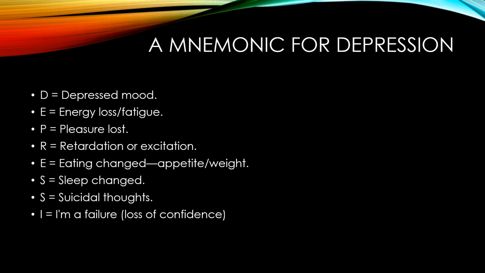R is your psychomotor retardation or the decrease in physical activity. E is your changes in eating. S is sleep. The second S is suicide, which is very important, which we'll see in the next slide. And I is a loss of confidence, or the thought that I'm a failure, the ideas of hopelessness, helplessness, and worthlessness. So this is the mnemonic for depression.